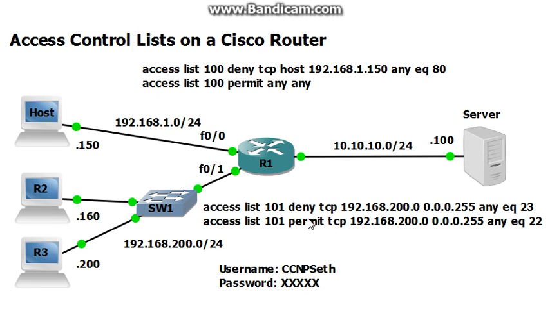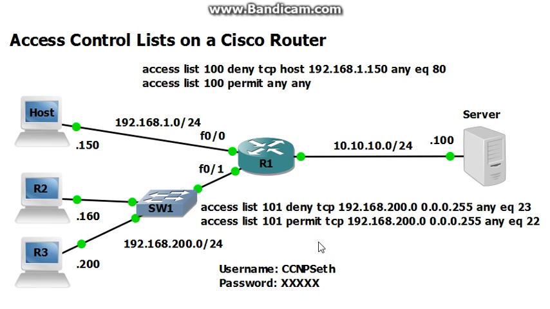Basically, this host is going to hit this web server, and I'll show you that it's going to work. And then I will set up this access control list, and you will notice that it will be blocked. And same thing with these two devices. I will block Telnet and permit SSH based on these configurations.